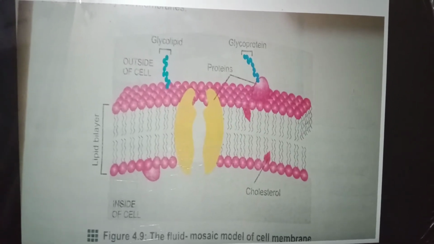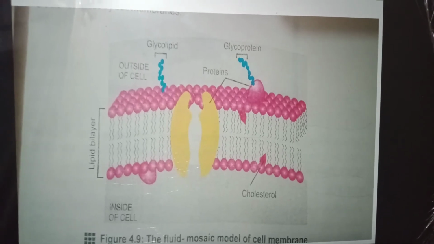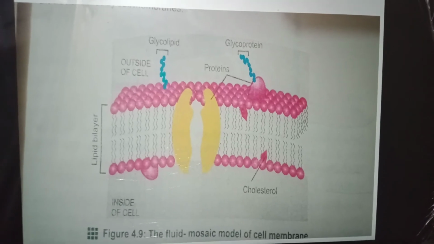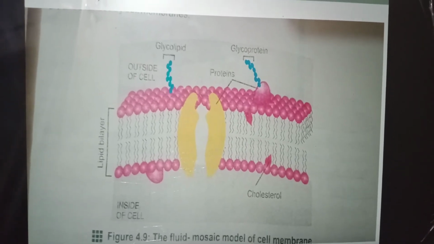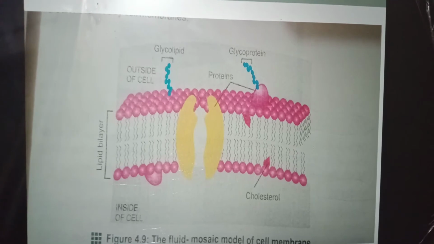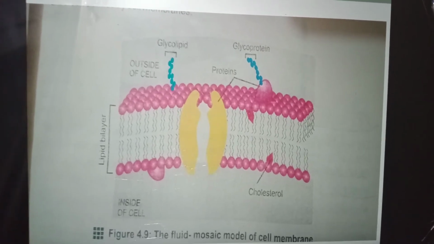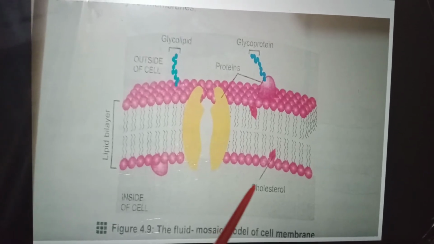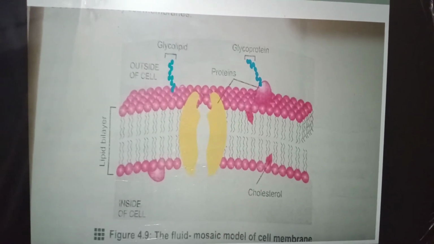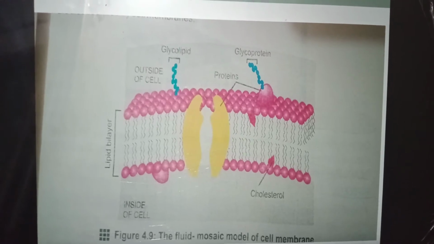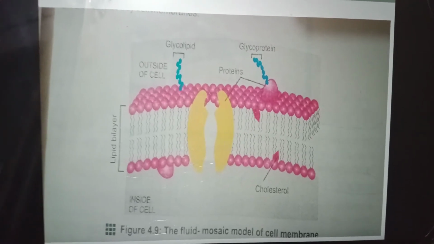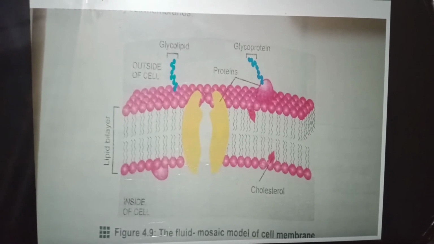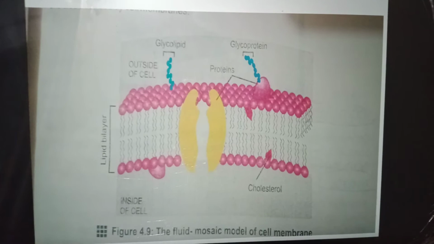Small amounts of carbohydrates are also found in the cell membrane, and these are joined with proteins or lipids of the membrane. In eukaryotic cells, cholesterol is also present. So here is cholesterol in this lipid bilayer. In eukaryotic cells, many organelles, for example mitochondria, chloroplasts, Golgi apparatus, and endoplasmic reticulum, are also bounded by a cell membrane.